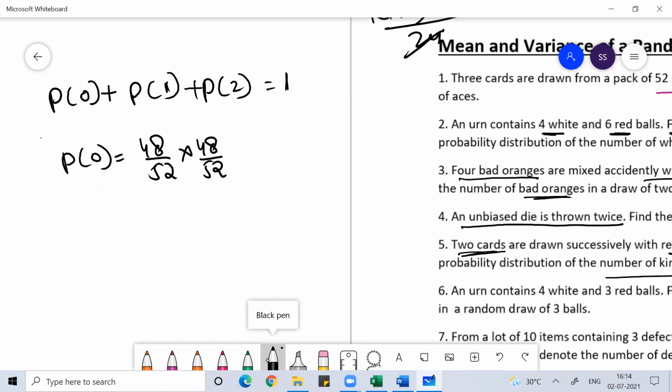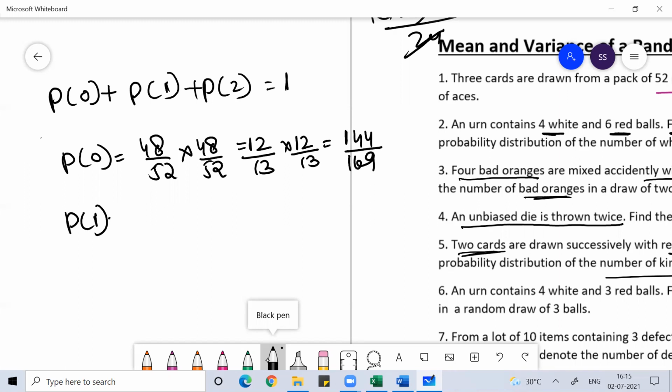For getting king, that is 4 by 52. For not getting king, that would be 48 by 52, because already I told you the arrangement of cards. This is 12 by 13 into 12 by 13. So this is 144 by 169.